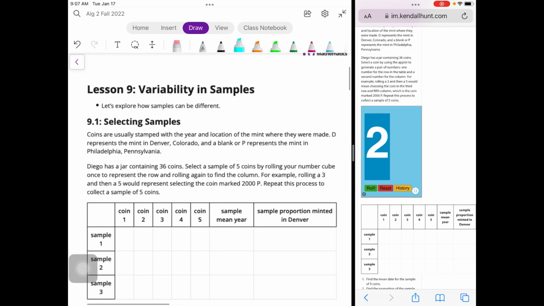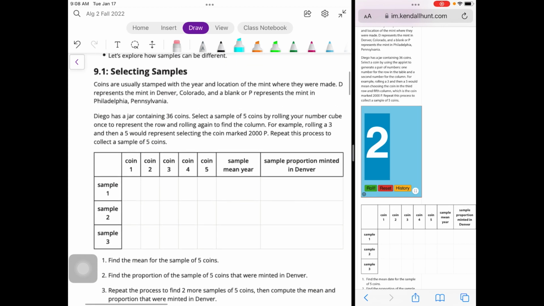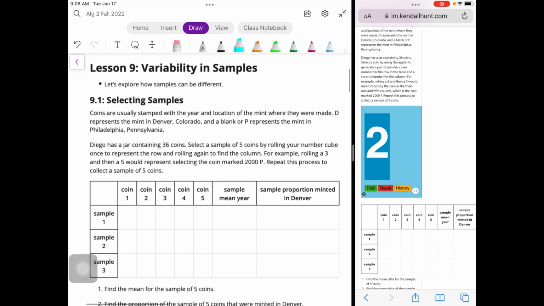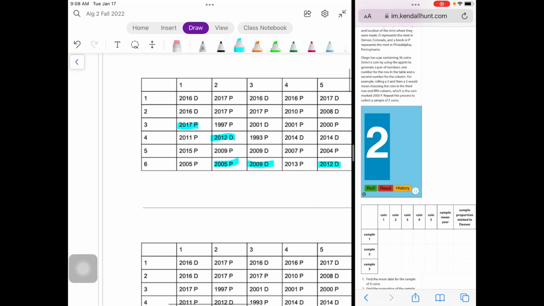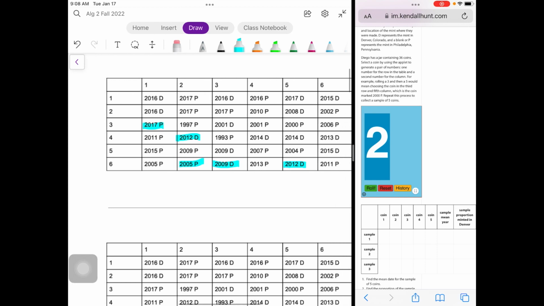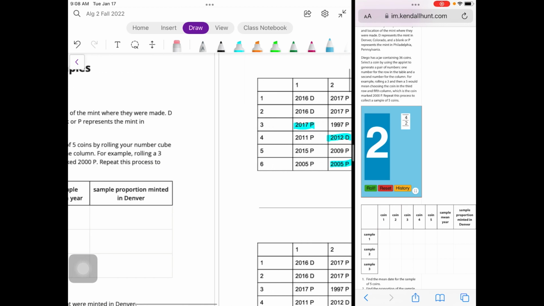And so we are recording our values. Those are really small, but that's okay. So we had 2012D. I don't remember the order that we found them, but that's okay.